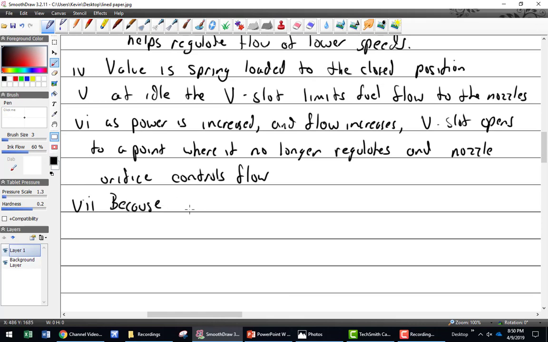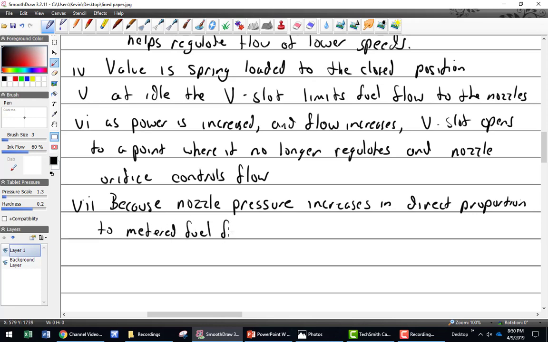We'll say because nozzle pressure increases in direct proportion to metered fuel flow, as pressure increases, so does flow.